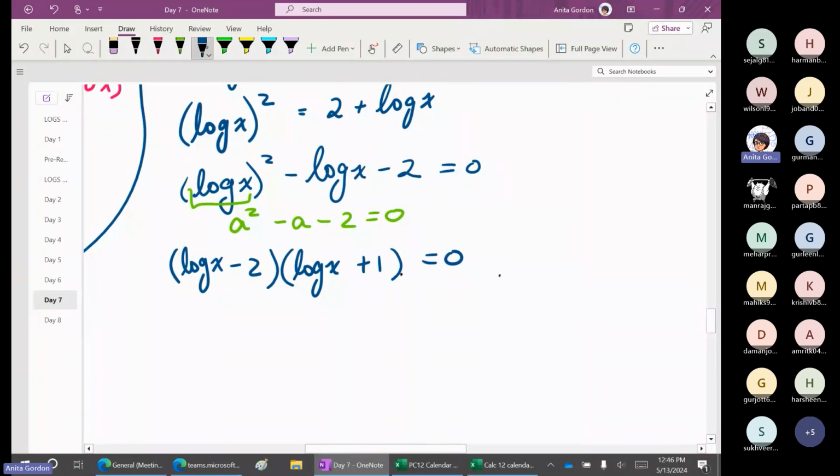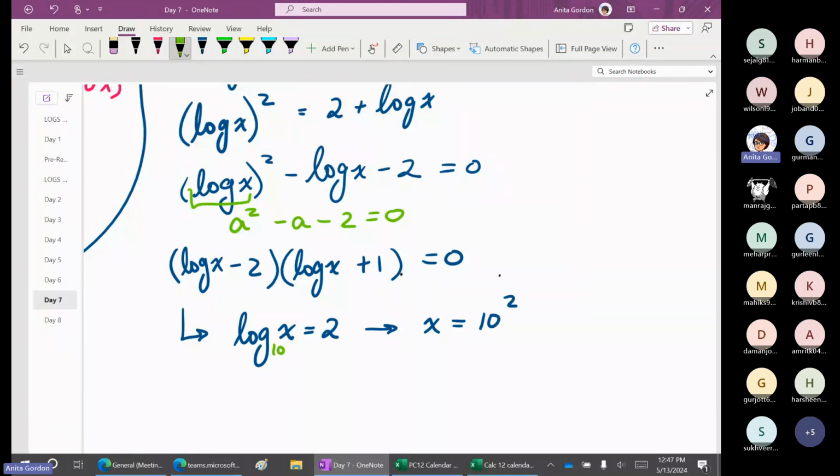Okay, so then this leads me to believe that log base 10 of x is 2. How would I write this as an exponential? Yes, say it louder. Yeah, x equals 10 to the power 2, right? Because this is log base 10. We chose it to be base 10.